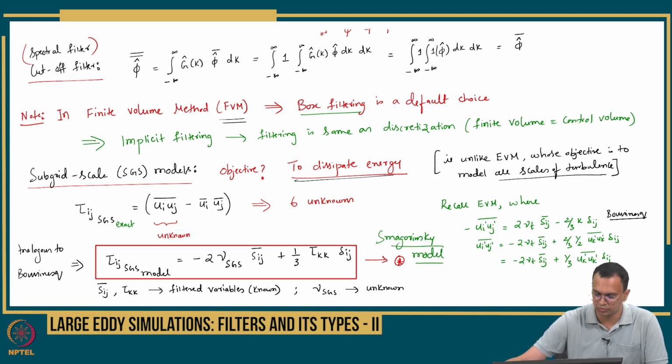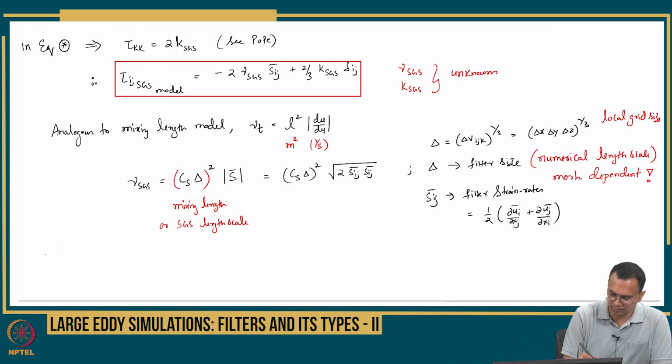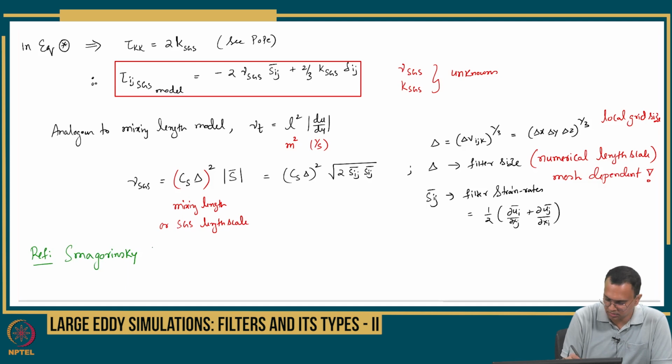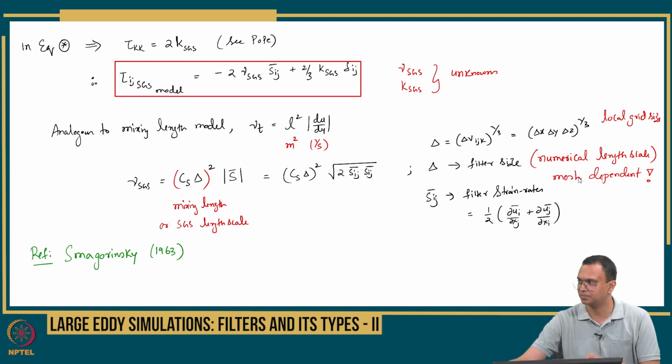Whatever we had discussed so far, the SGS model part, right? So this is the Smagorinsky modeling. The reference for this is Smagorinsky 1963. So this precedes almost 1 decade your standard k-epsilon model.